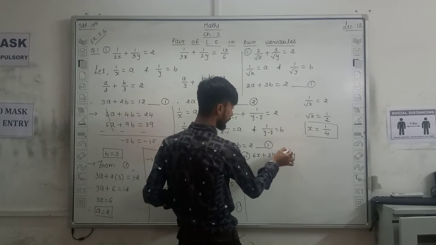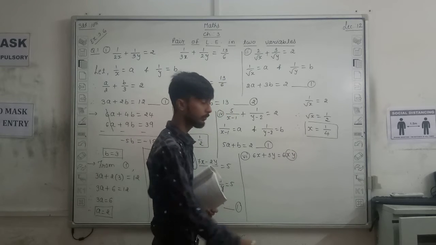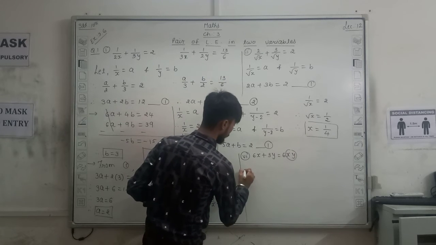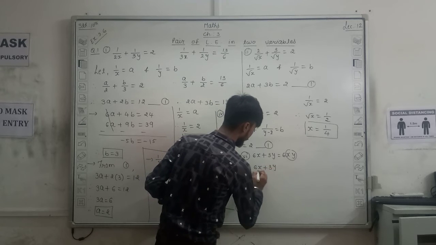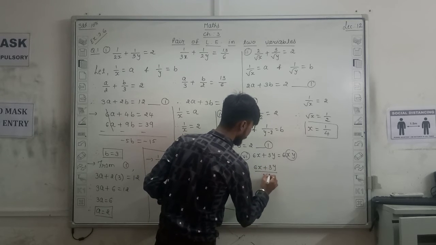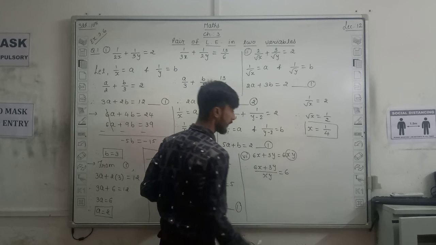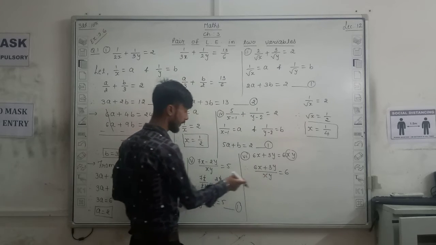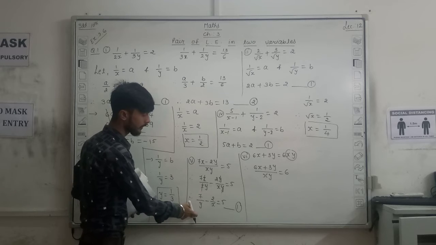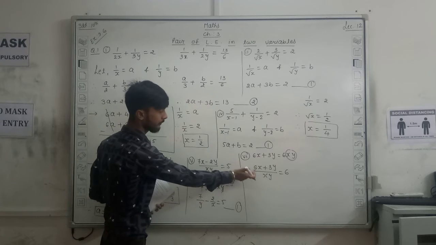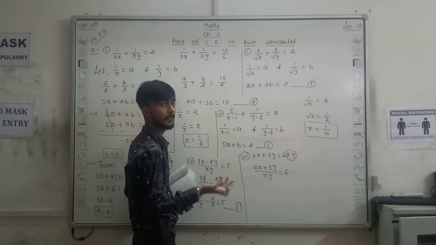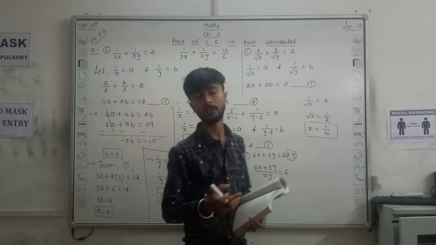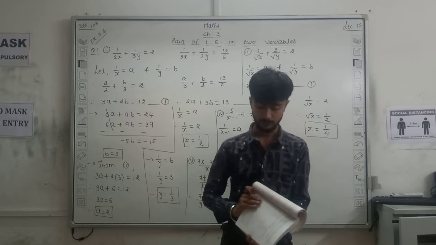So take this xy from multiplication to division. So 6x plus 3y upon xy equals to 6. Right? Now again separate this procedure. Okay? So you will get 6 upon y plus 3 upon x equals to 6. After that 1 upon x is a, 1 upon y is b. Okay?